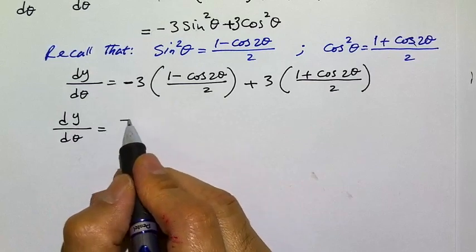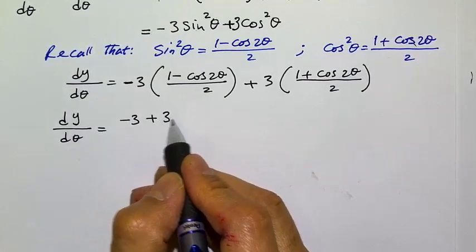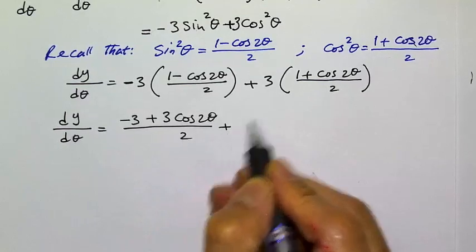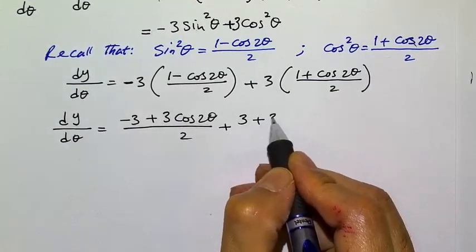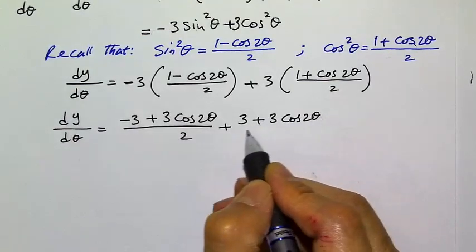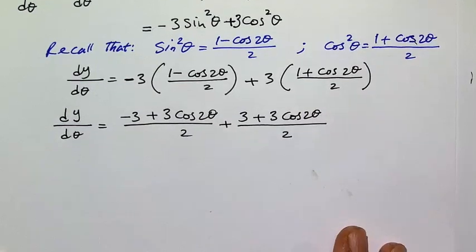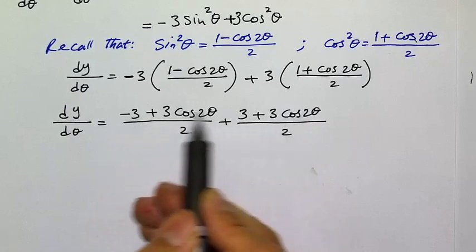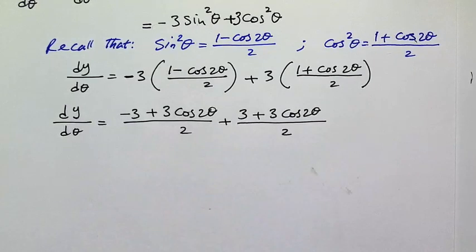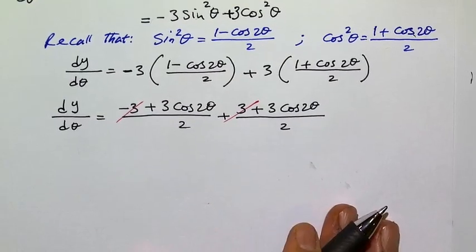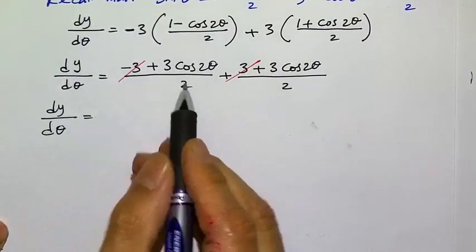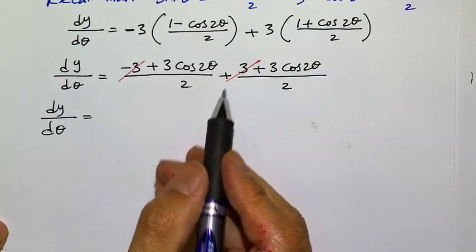So we will have minus 3 plus 3 cosine 2 theta over 2 plus 3 plus 3 cosine 2 theta over 2. The denominators are common. Of course, we can then combine the terms. In the numerator, right off the bat, minus 3 and 3 add up to 0. So we end up with dy/d theta equals 6 cosine 2 theta over 2.